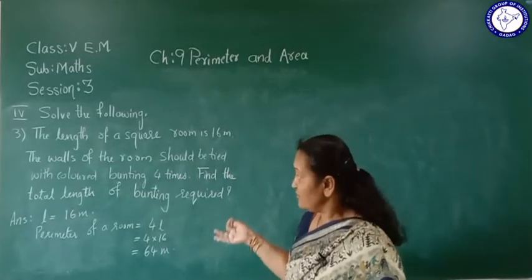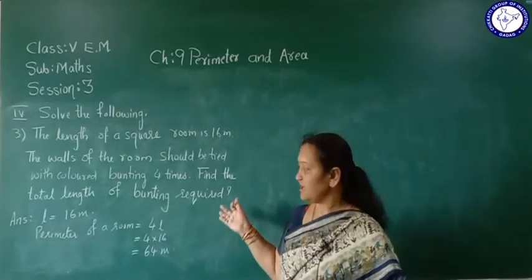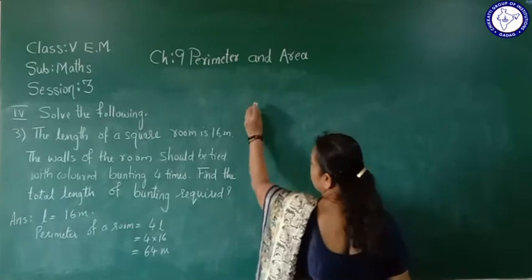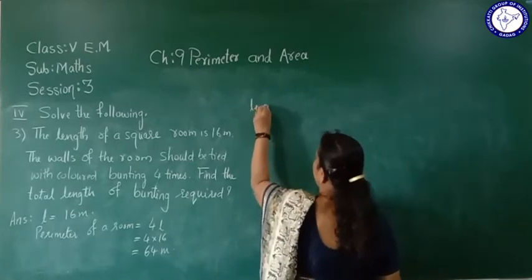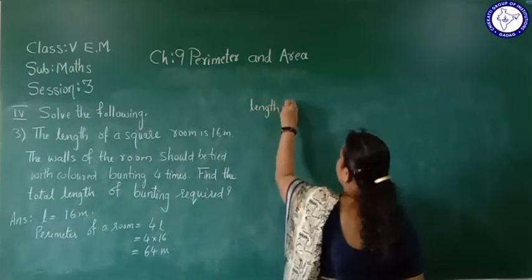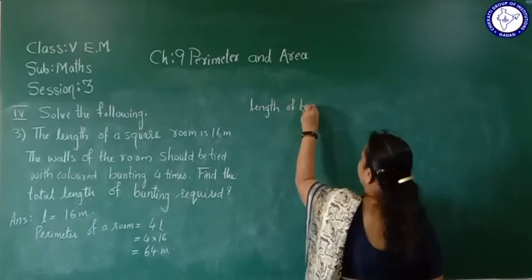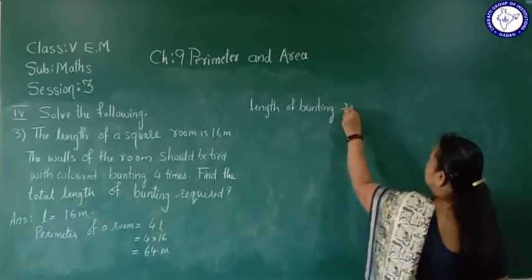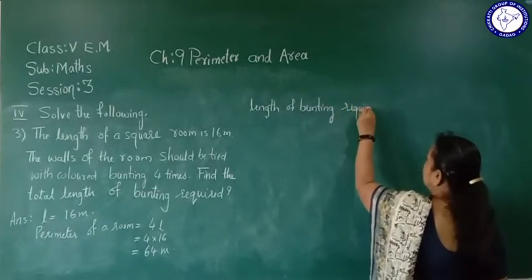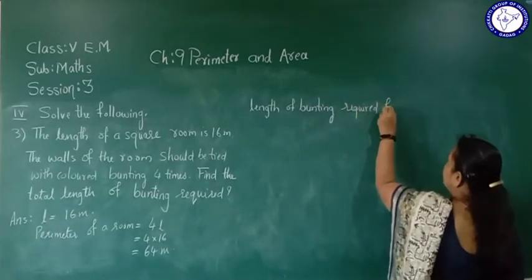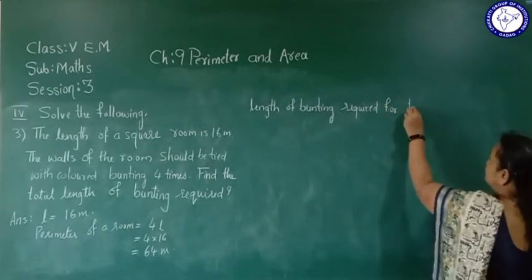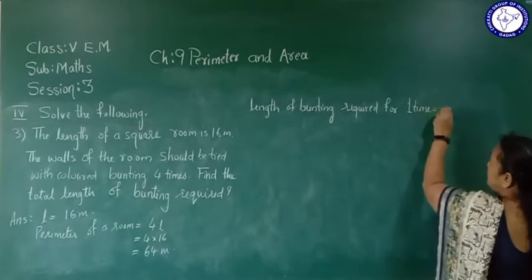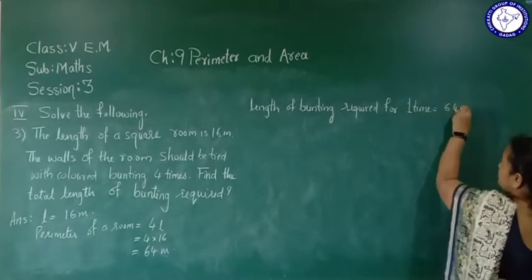Then for 4 times, what is total length, that we should find. So here length of bunting required for one round, for one time, it is 64 meter.